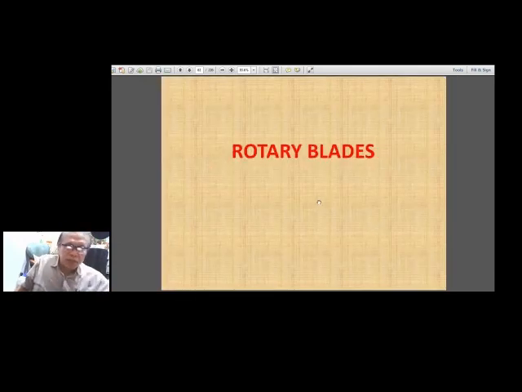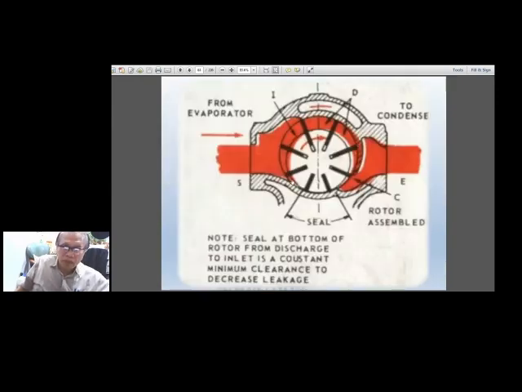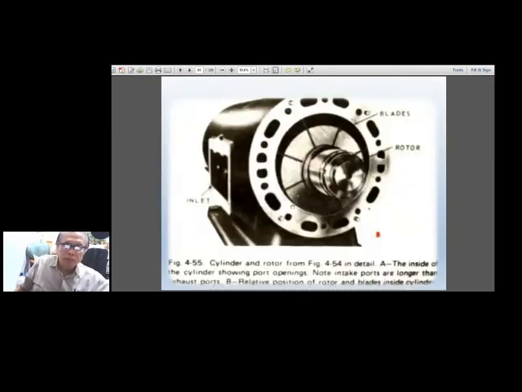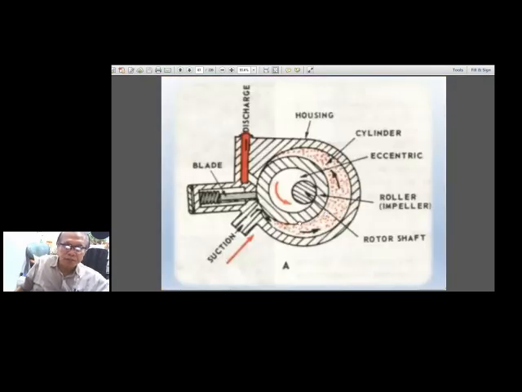Compression type, rotary blades. So they use rotary blades to do the compressing of the refrigerant. Then the rotary vane type. Okay, so we have here the suction and the discharge here.